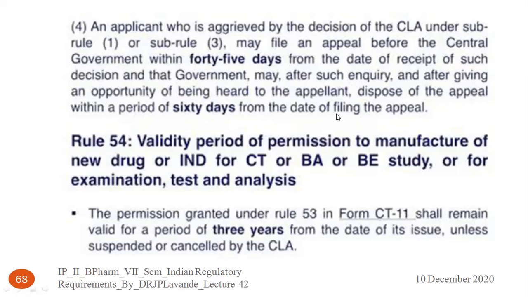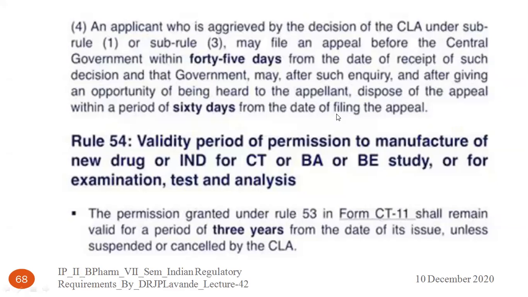Let's say, for example, 60 days means 2 months. Let us say the appeal is applied on the 1st January. So January is 30 days, and February some 15 days, so that means up to 15th February the government will have the right to carry out the inquiry on the appeal made by the applicant, right?